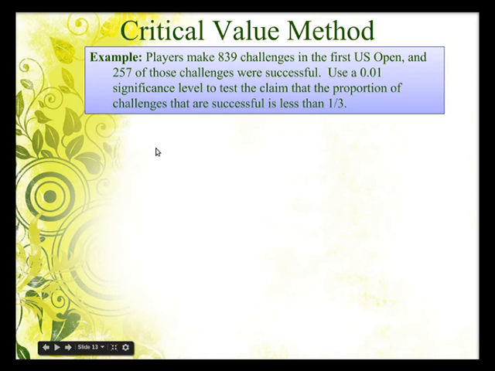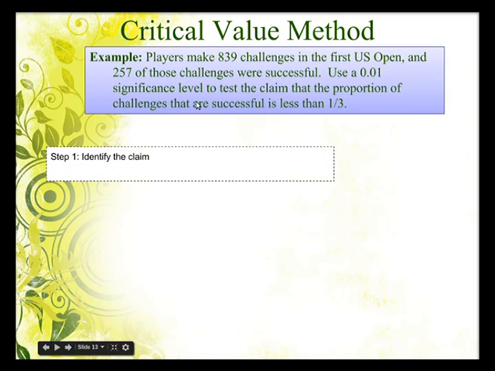So the claim in this case is that P is less than 1/3. The proportion of successful challenges is less than 1/3. So I'll use P less than 0.33. 1/3, if you plug that into your calculator, you would get 0.33333.